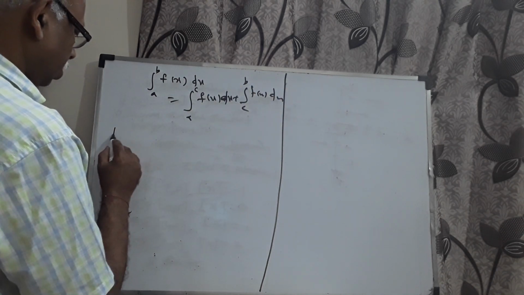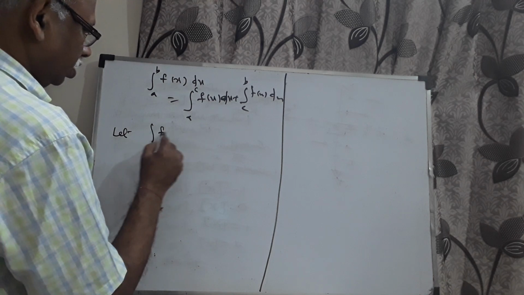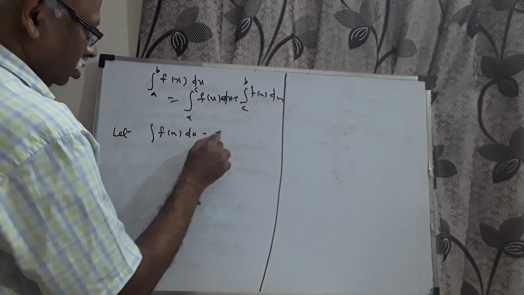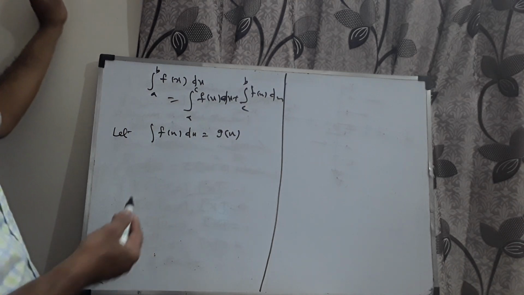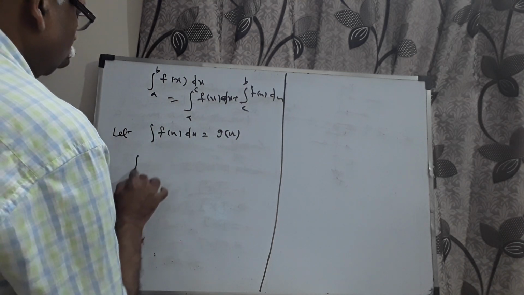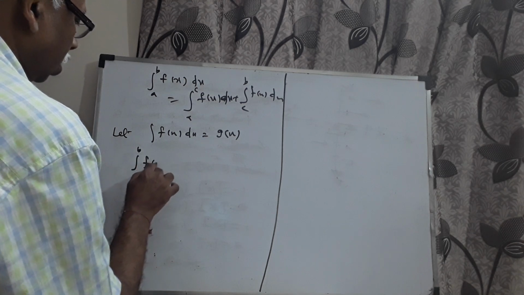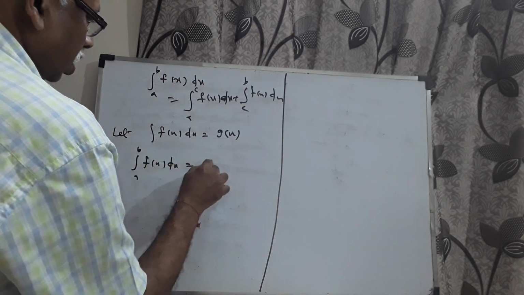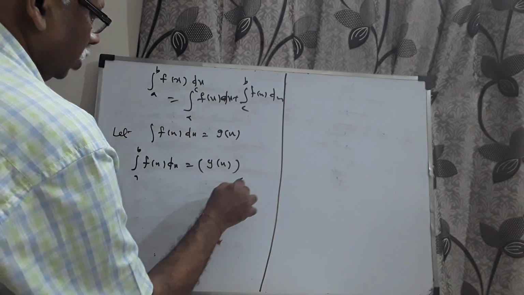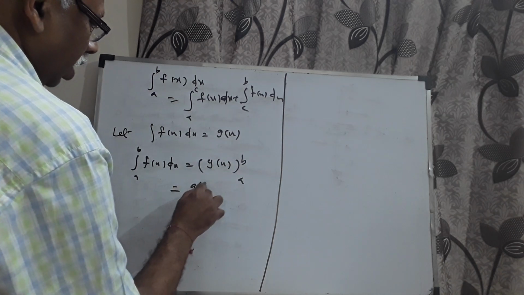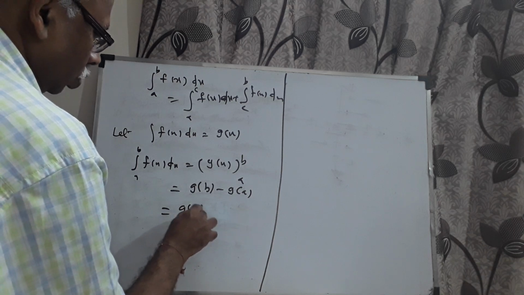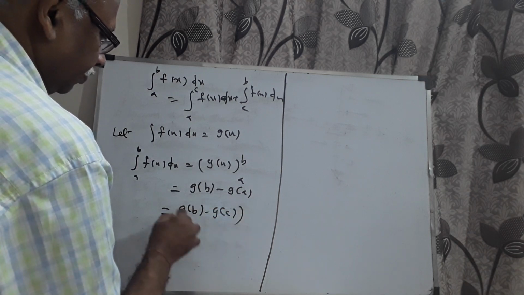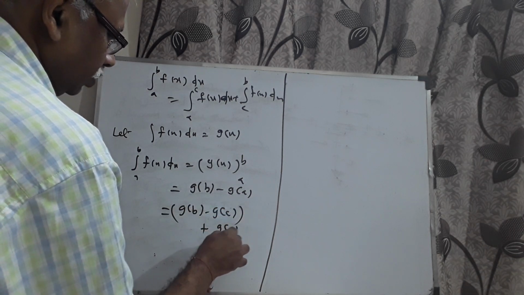The proof is very simple. See here, let integral f of x dx be equal to g of x, as an indefinite integral. Therefore, integral a to b f of x dx can be written as g of x from a to b. I have to apply the upper limit and the lower limit. What I will do is subtract g of c and add g of c.